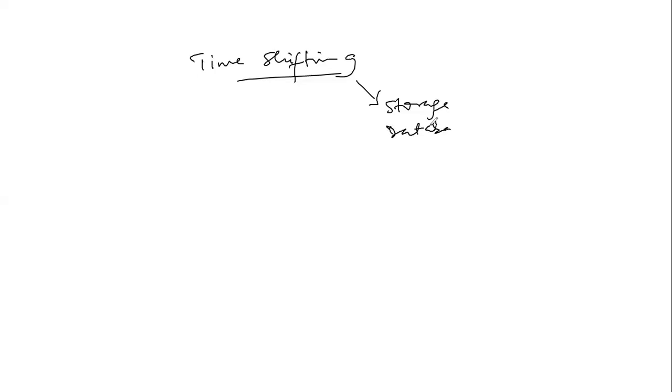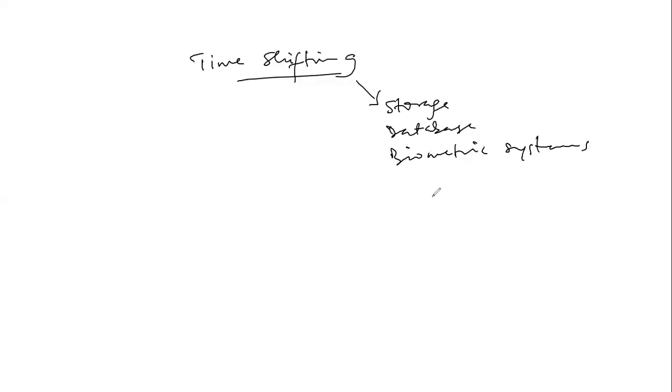Okay. So now let us look at time shifting. This is very, very important in signal processing because you want to play with storage. You want to play with database. Even biometric systems, you want to play with biometric systems.